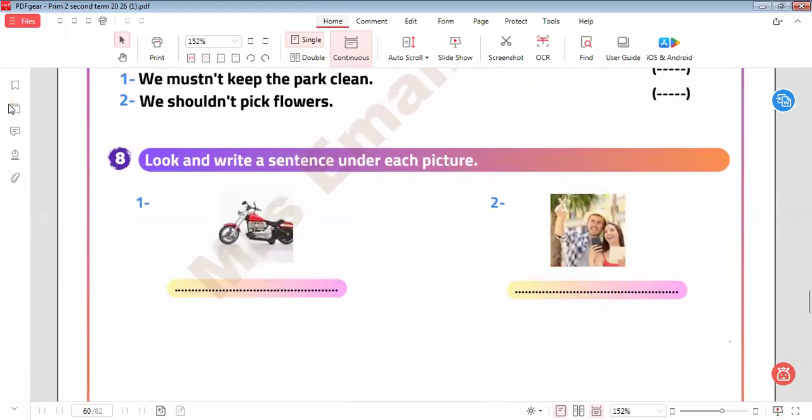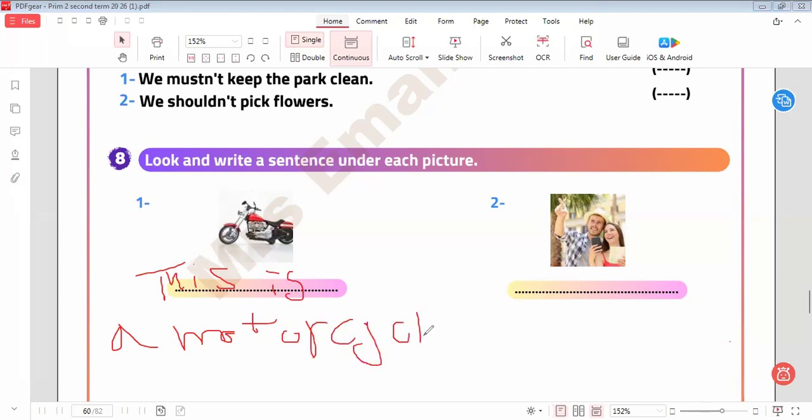This is what we can say here. This is a motorcycle. And here we take a photo. I think here we take a photo.